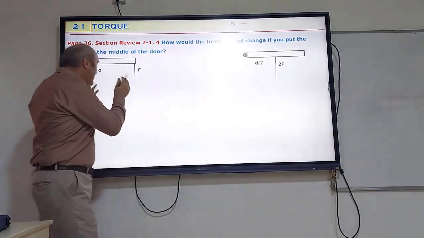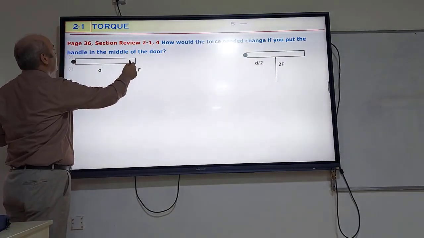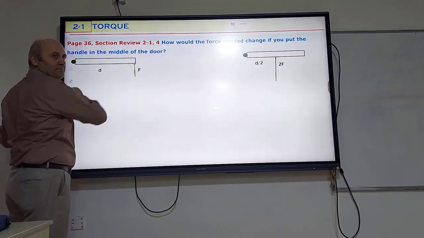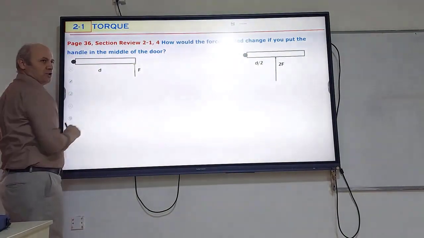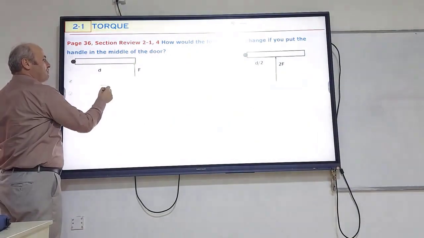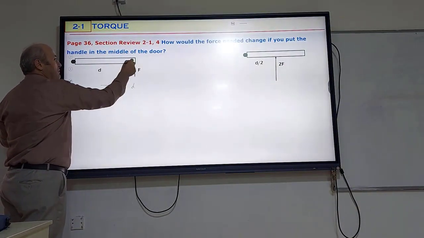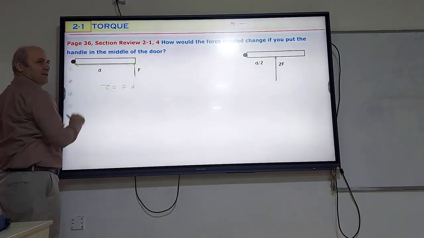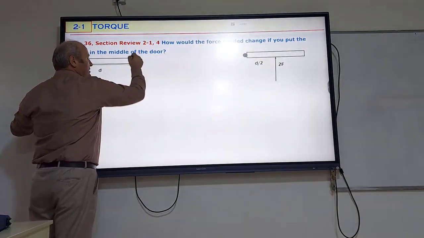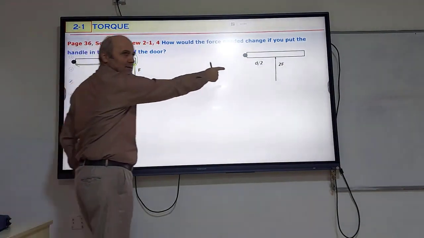So initially, the handle is at the end, the farthest distance from the axis of rotation. So torque is produced by F times the distance from the force to the axis of rotation. But later you take this handle from the end to the middle like that.